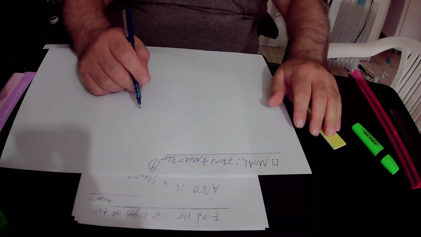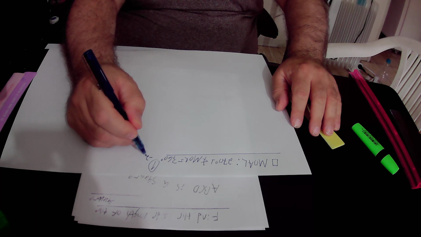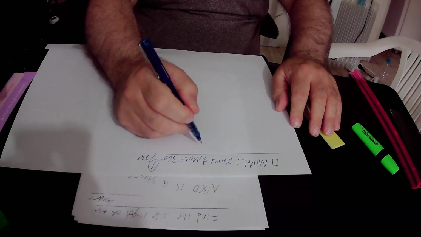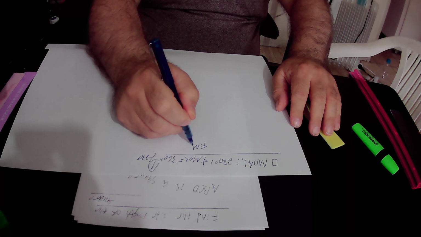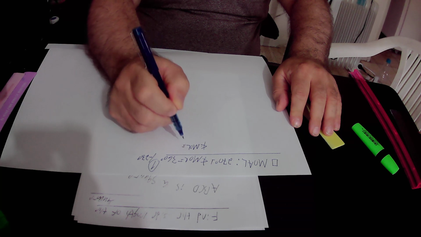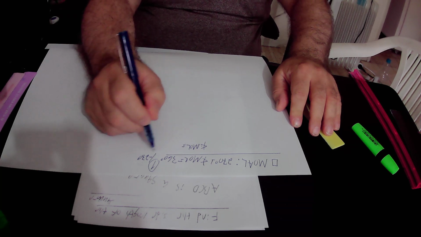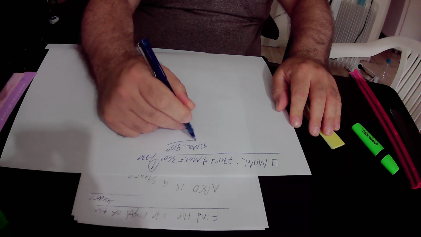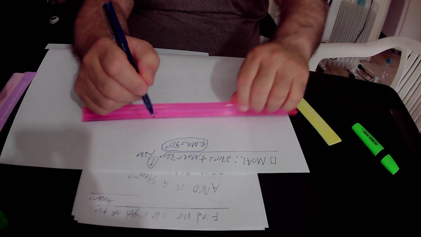Okay, so we subtract 270 degrees, and we get that the missing angle MOL is equal to 360 degrees minus 270 degrees, which is 90 degrees. So angle MOL is a right angle.